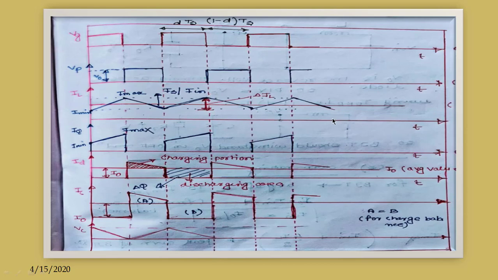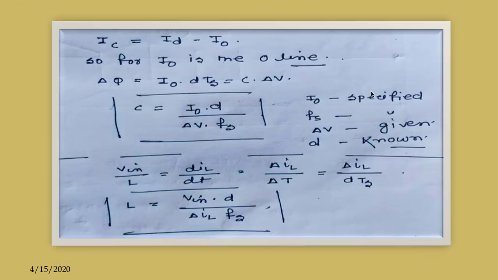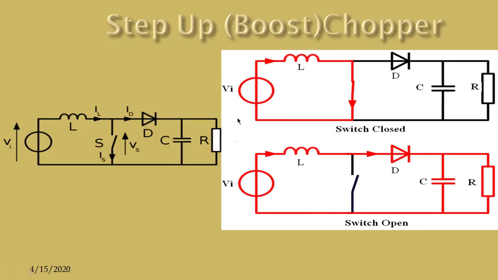Now in case of buck converter, we have seen the average value of this inductor current was I naught, because in case of buck converter this inductor was connected in the output side. So I naught was the average current. But in case of boost converter, it is connected in input side.